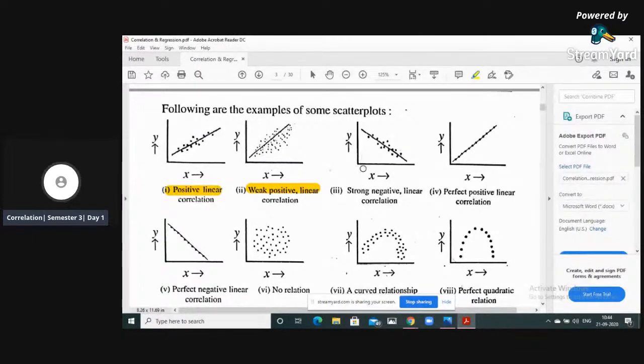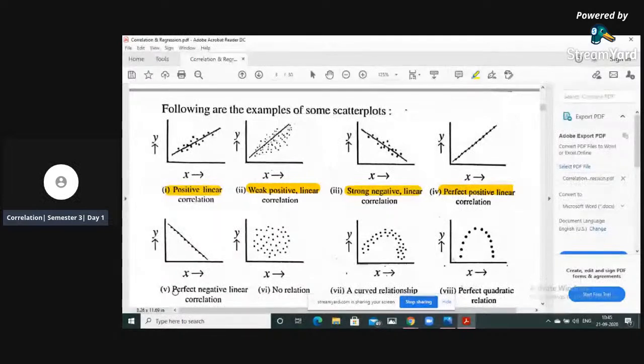Next, when we have a strong negative linear correlation, this is how the points appear on the graph. And when we have a perfect positive linear correlation, this is how the graph looks. The points are exactly on the line.